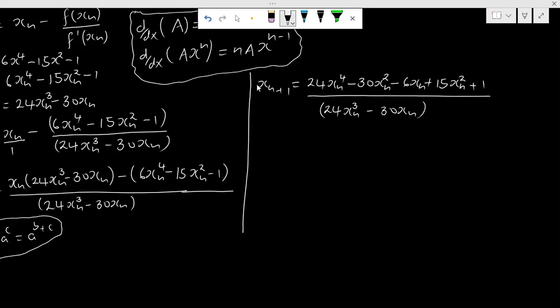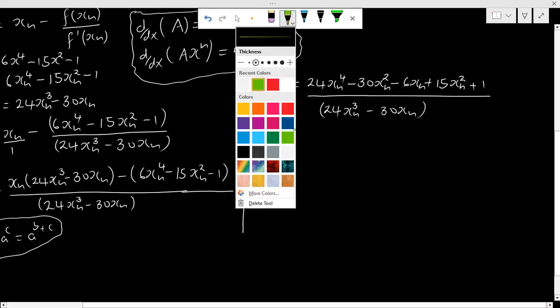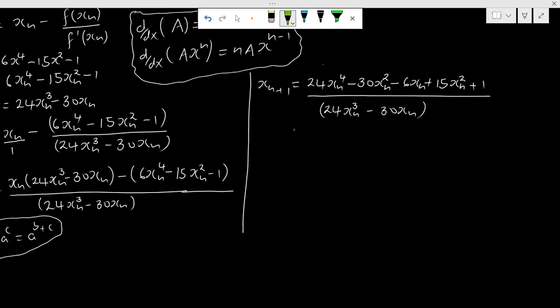So putting the terms together and simplifying, you can see we have negative 30x_n^2 and also 15.